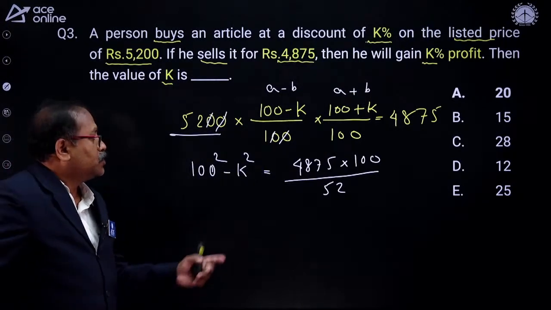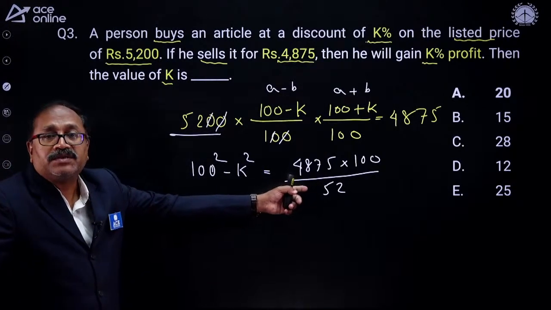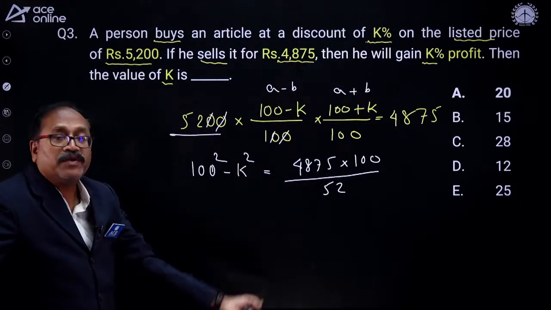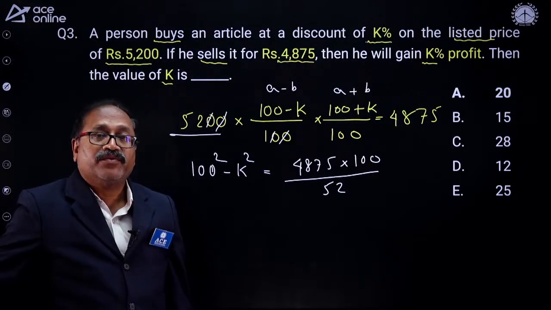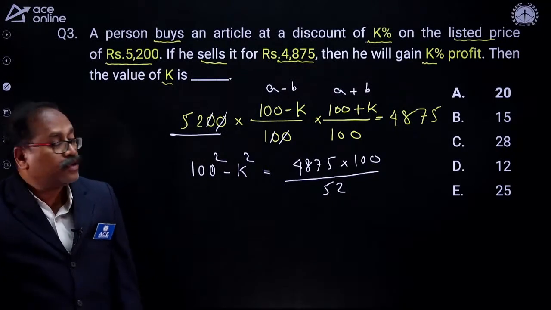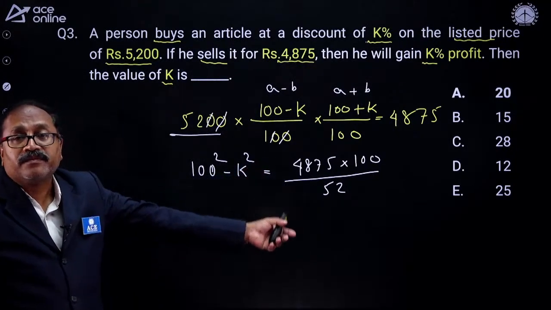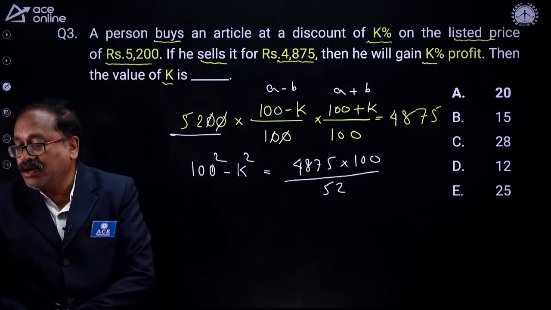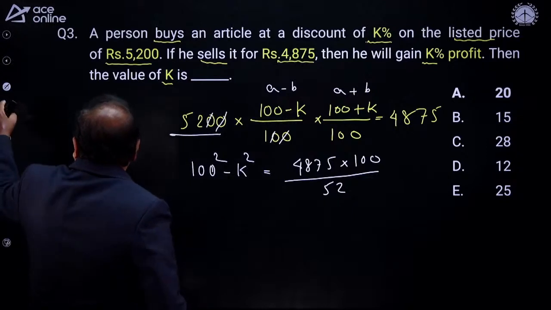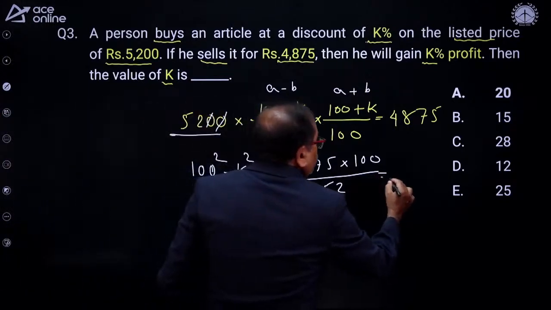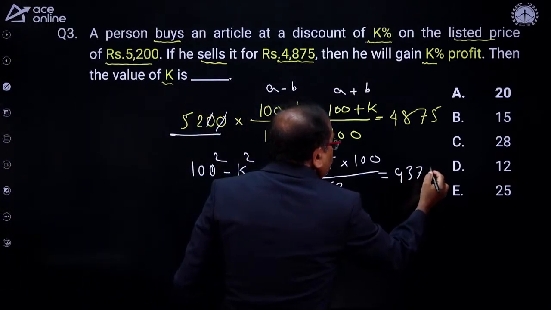Okay, fine. So the moment you get the value of this, you will be able to find out the k square also, k value. What comes over here? Anyone? Okay, 9375, yeah, that's right. So here it comes 9375.